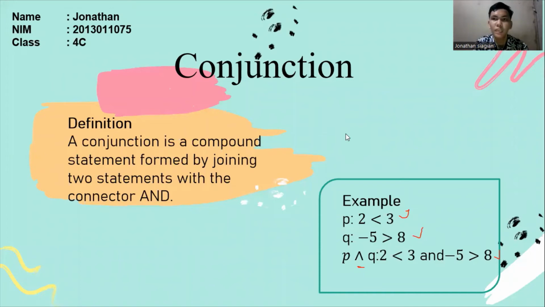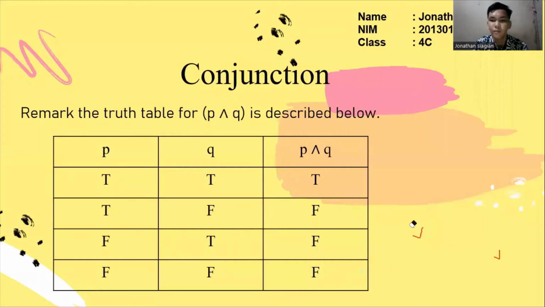Next, we can see in the table a conjunction. The truth table for P conjunction Q is described below. If statement P is true and statement Q is true, then conjunction P with Q is true.